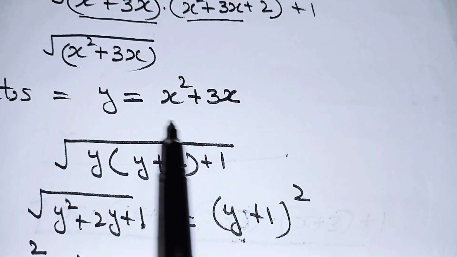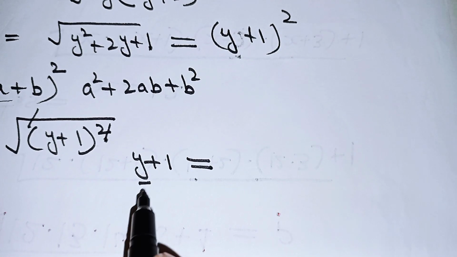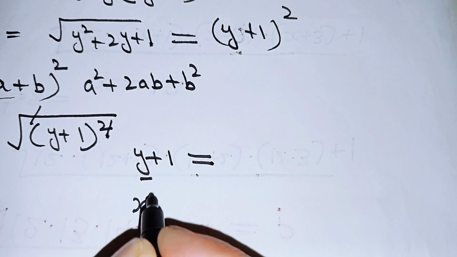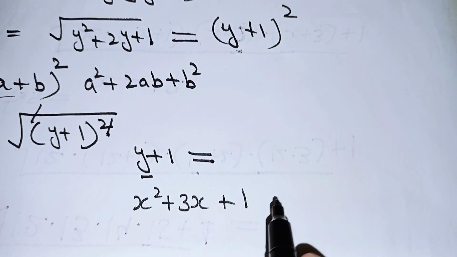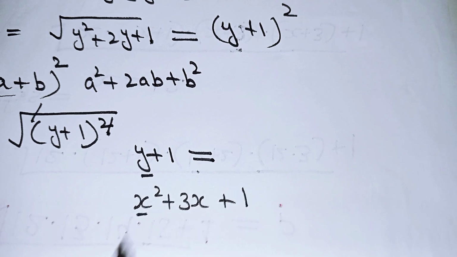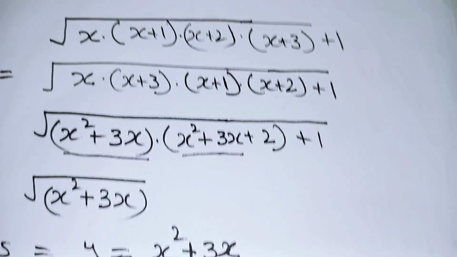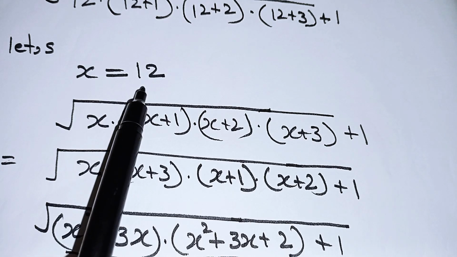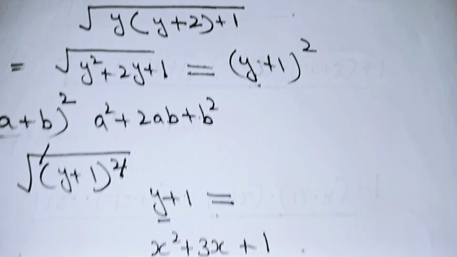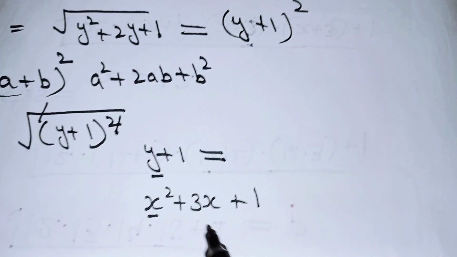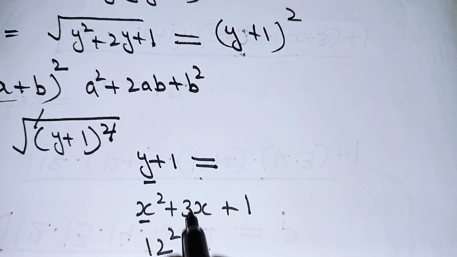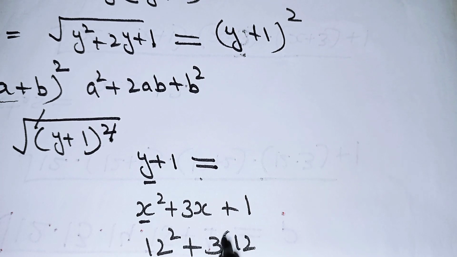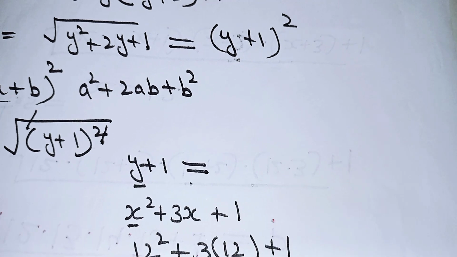So here we substitute and put x square plus 3x plus 1, and the value of x is 12. So we can write 12 square plus 3 times 12 plus 1.